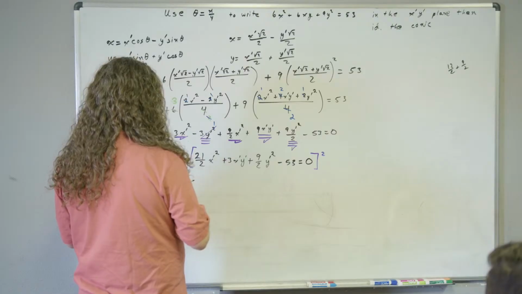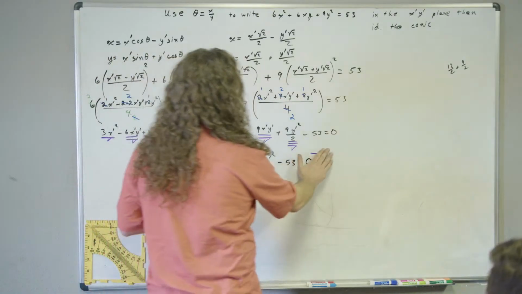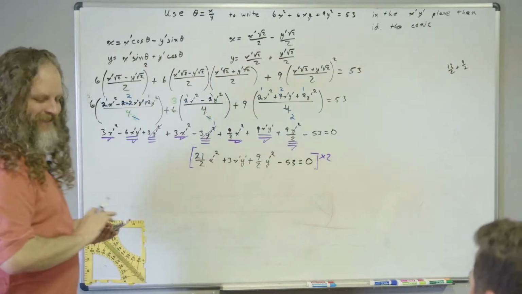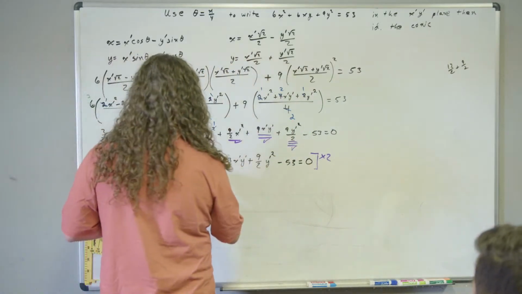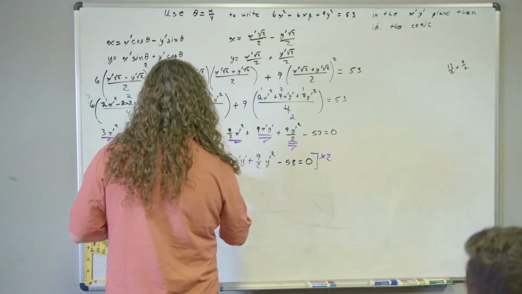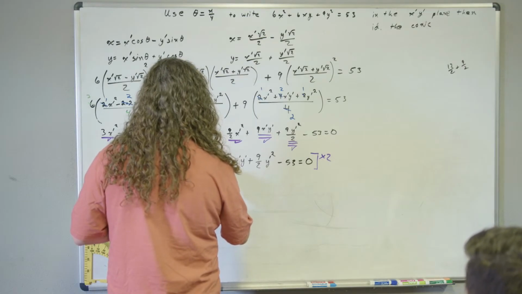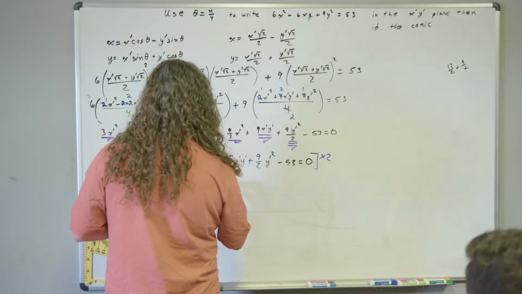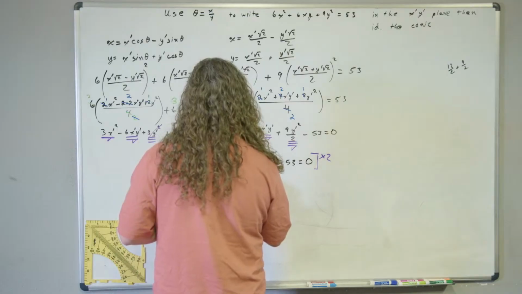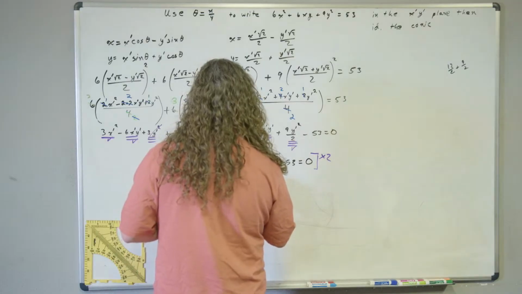Okay, 21 x prime squared plus 6x prime y prime plus 9 y prime squared minus 106 equals 0. Because 0 times 2 is still 0.